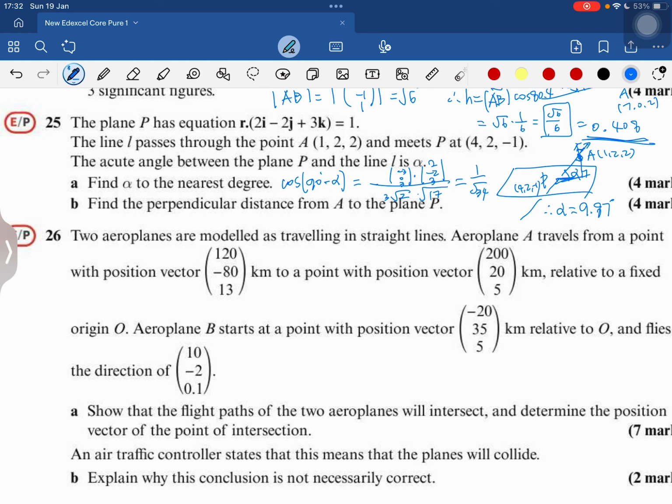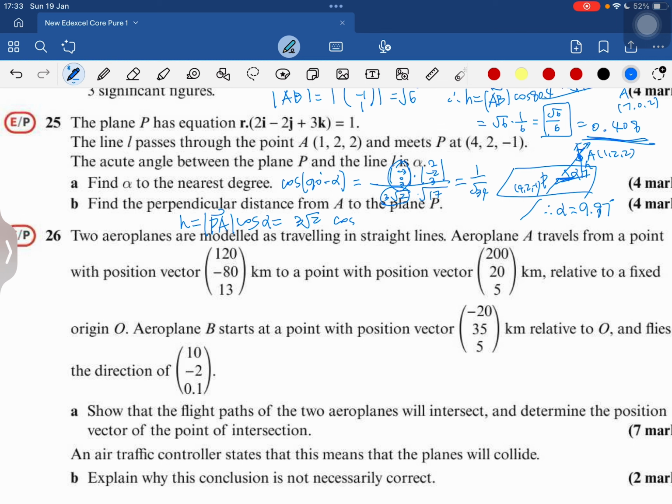So P and Q. Again, if we call this H, it becomes the magnitude of PA times cos alpha. Did I find PA? Was it this one? Yep. So 3 square root 2 is the magnitude, which I found.